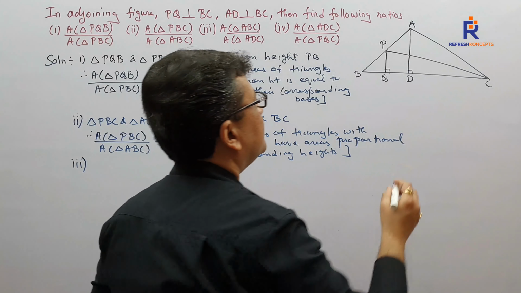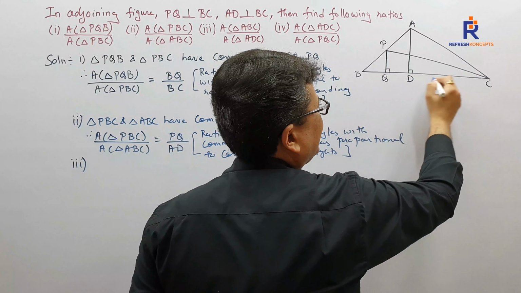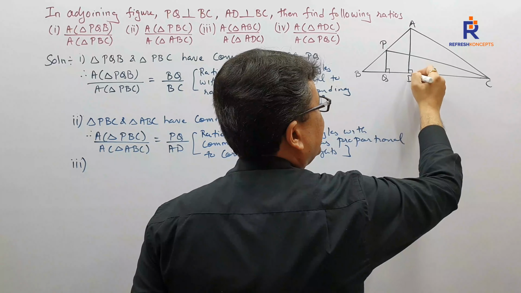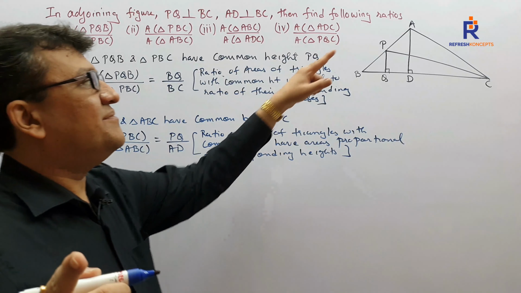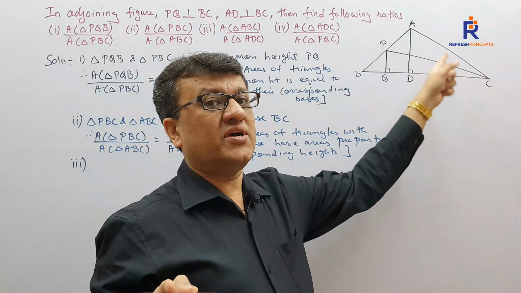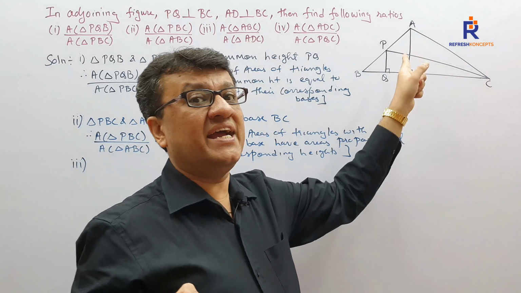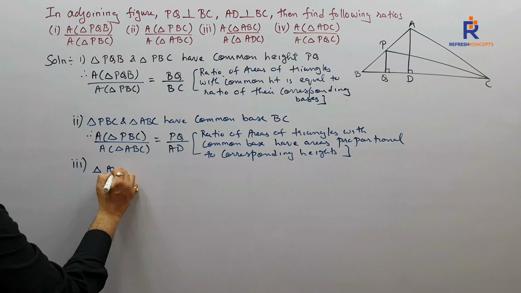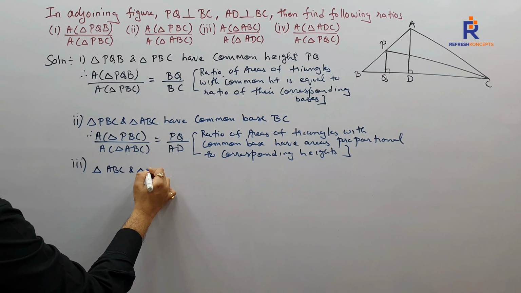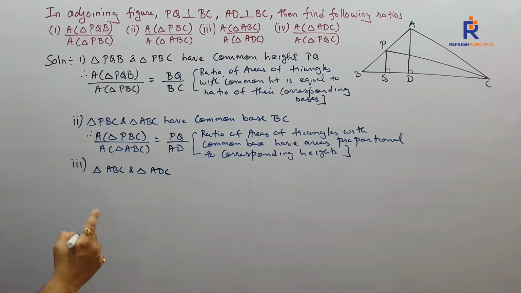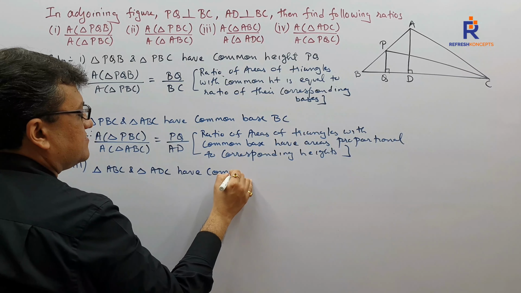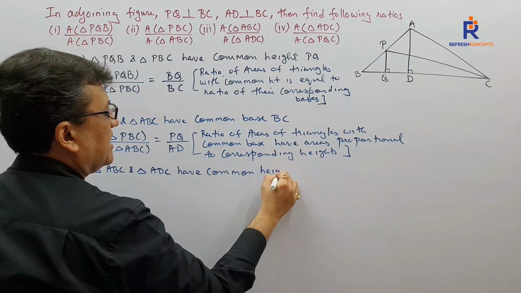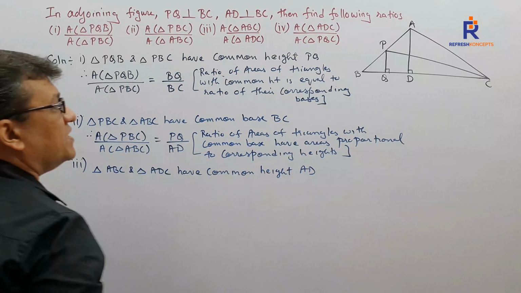ABC, ADC. Do they have common height AD? Indeed, because ABC has height AD. ADC is also having height AD. What they have common? They have common height. So direct answer: triangle ABC and triangle ADC have common height AD.